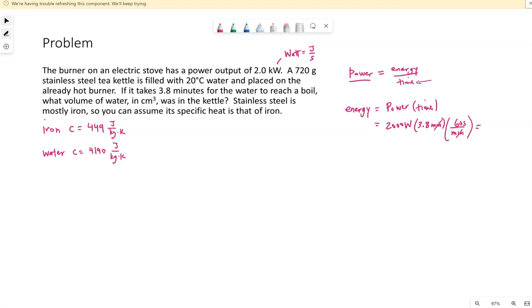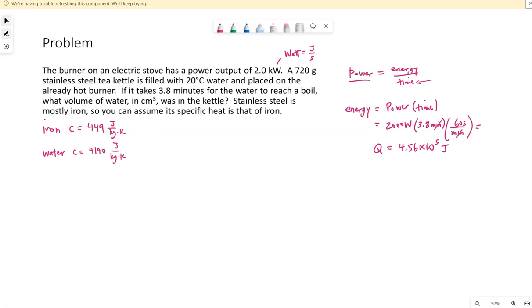So 2,000 times 3.8 times 60 is 4.56 times 10 to the 5 joules of energy being put into the system. Now it's heat energy, so we can say the total Q being put into this system is this 4.56 times 10 to the 5th joules.